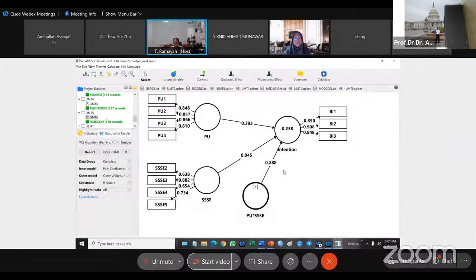So these are the values you need. 0.393. So I will write down on the board. This is your independent variable, which is PU, 0.393, times 0.288.